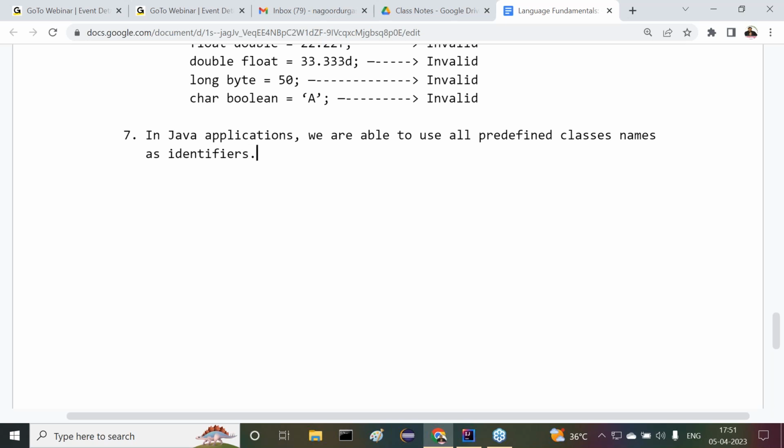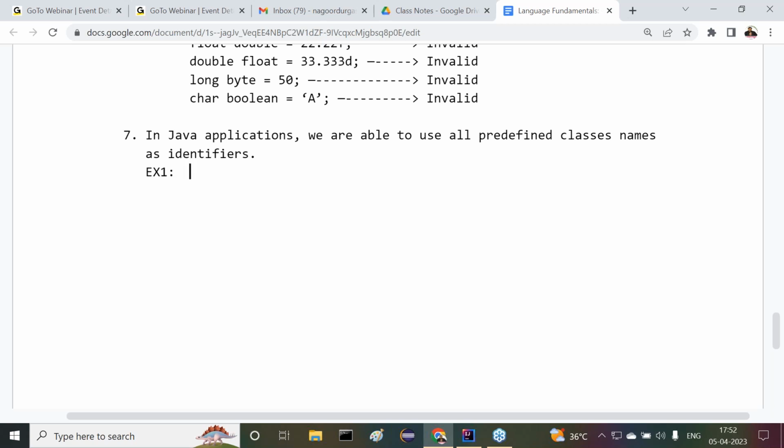This is information only, not a condition. This is a normal statement only, not a condition. We are able to use all predefined class names as identifiers. Are all of you getting it or not?